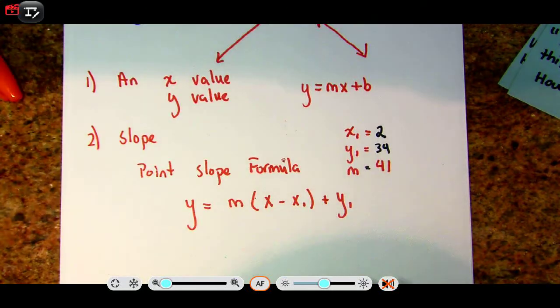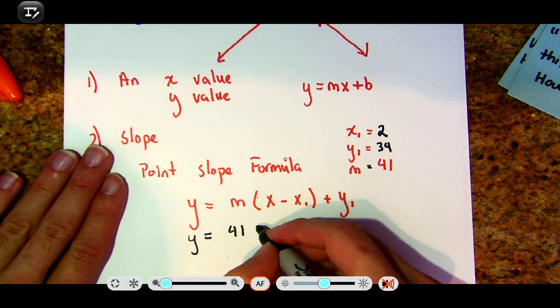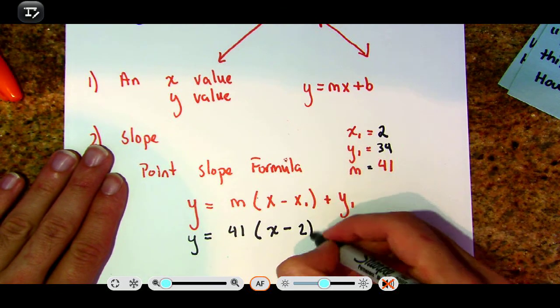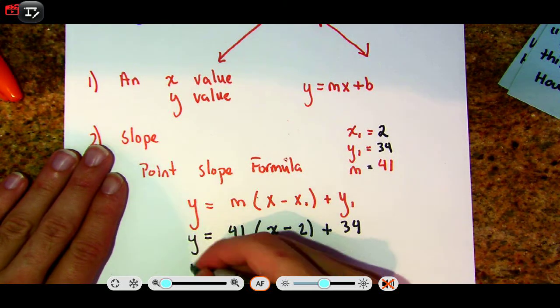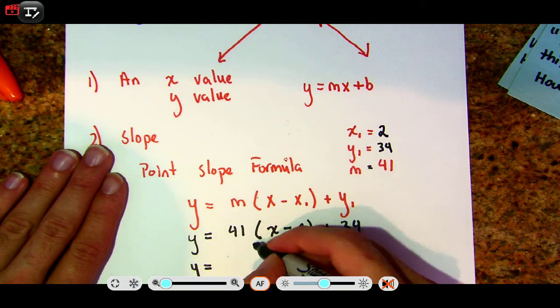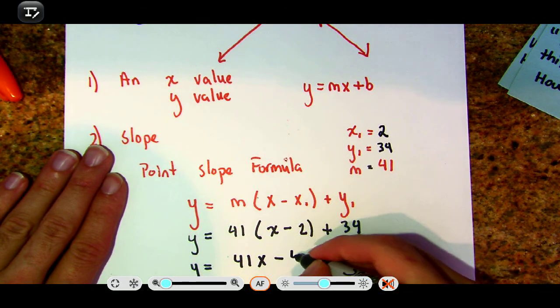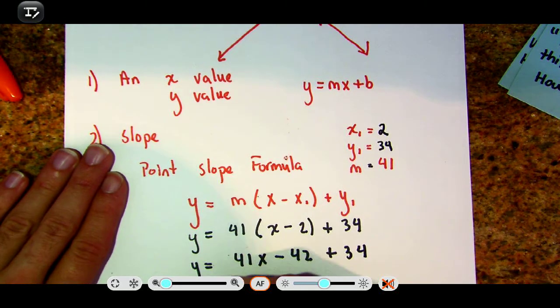It's just y equals m, which is 41, times x minus x sub 1, which is 2, plus 34. So then y equals 41x minus 42 plus 34. So y equals 41x minus 8.